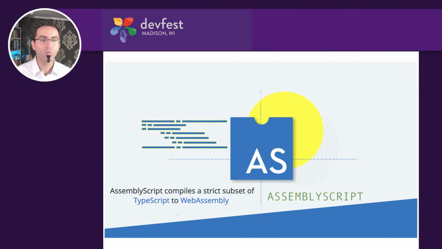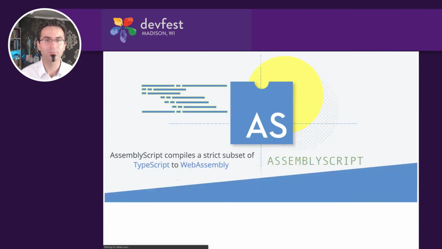AssemblyScript is a compiler that takes a strict subset of TypeScript and compiles it to WebAssembly. So that is amazing. But what does it mean when you say a strict subset of TypeScript?